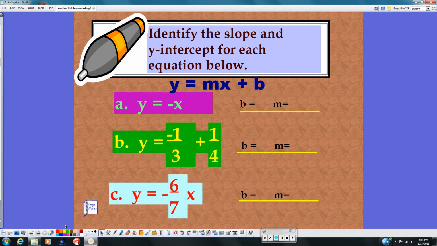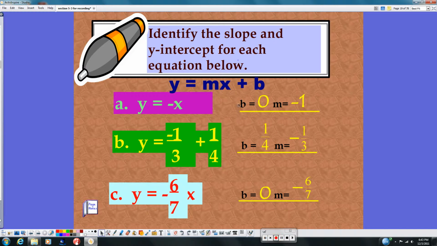Let's take a look at some more examples. Y equals negative x, y equals negative 1/3 x plus 1/4, and y equals negative 6/7 x. Let's figure out what the m and the b, the slope and the y-intercept, are for each of these equations. Let's see how you did.